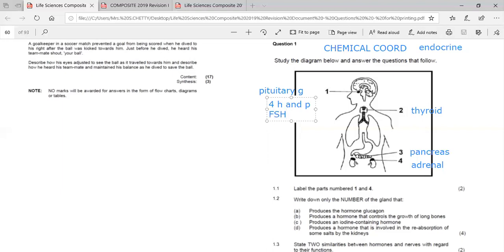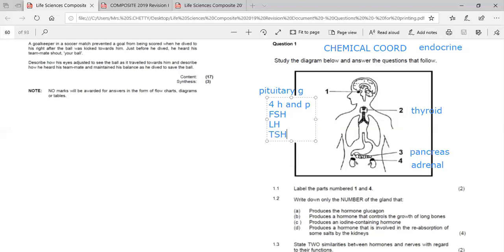FSH, you've already come across this, the follicle stimulating hormone, which stimulates the development of the follicle in the ovaries and the maturation of the ovum in the ovaries. Then you get LH, which brings on ovulation and converts your mature Graafian follicle into a corpus luteum.